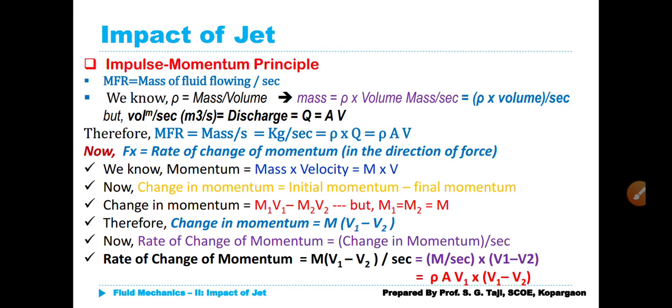Now, to refresh the basics, from the impulse momentum principle, rate of change of momentum is equal to m into v1 minus v2 per second. That is nothing but mass per second multiplied by v1 minus v2, which is equal to rho a v1 multiplied by v1 minus v2.